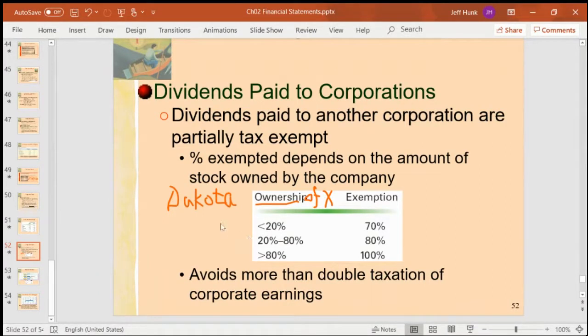If the ownership share of Dakota in company X is less than 20%, 70% is exempt from taxation. That means only 30% of that dividend is taxable, right?